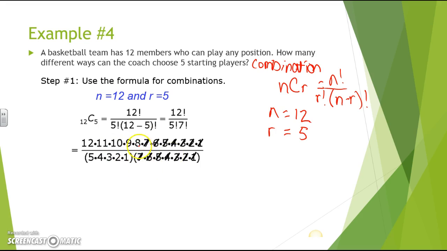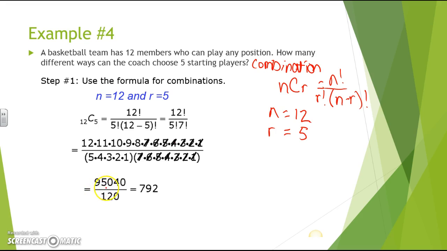Then you cross off what's in common, the 7, 6, 5, 4, 3, 2, 1. So what I'm left with is 12 times 11 times 10 times 9 times 8, which is 95,040, over 5 times 4 times 3 times 2 times 1, which equals 120.